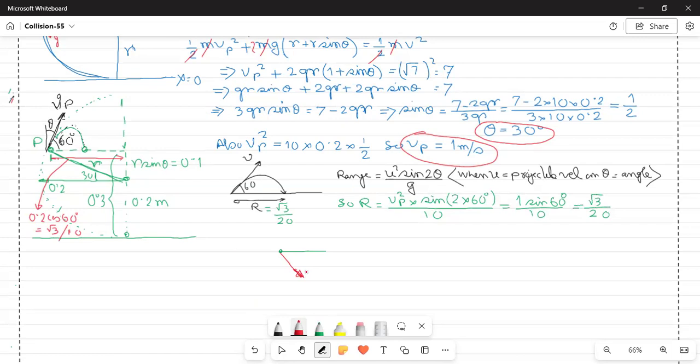Because it was projected with Vp, it falls with the same velocity Vp and with the same angle. This angle is 60 degrees. And this has a horizontal component, Vp cos 60, and Vp is equal to 1. So this is half. And this is Vp sin 60.